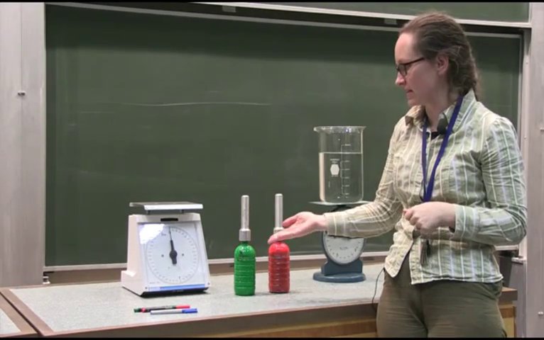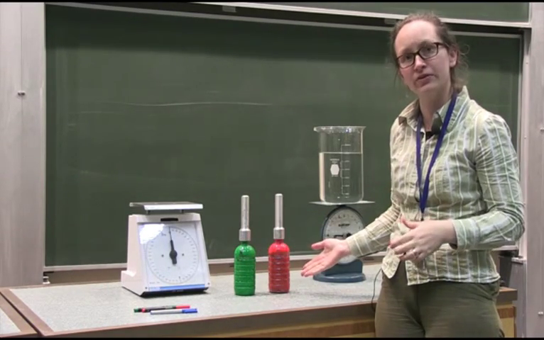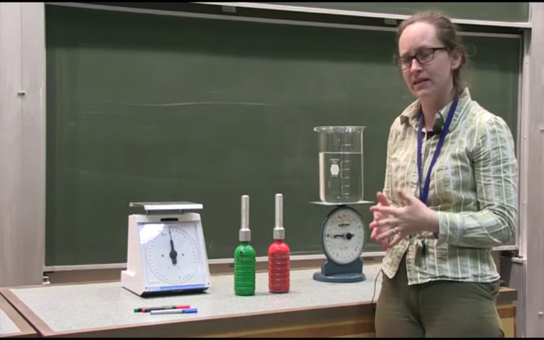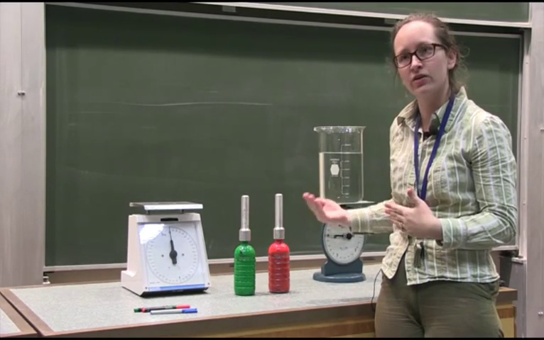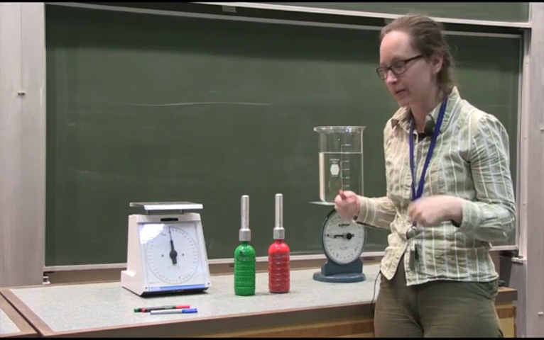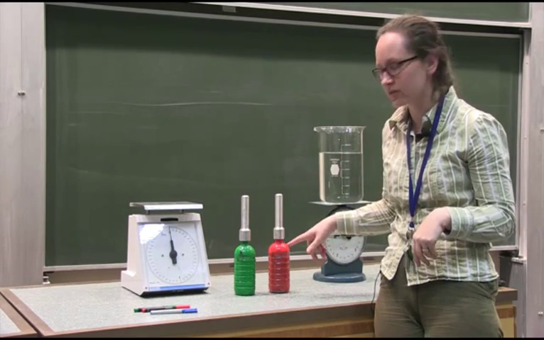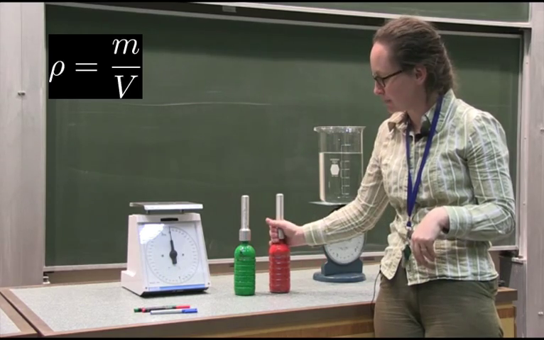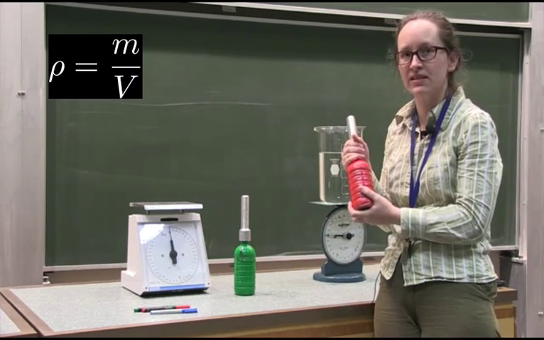Let's measure the density of the green bottle and the red bottle now. To measure the density, we need to work out the mass and also the volume of these two bottles. So using Archimedes' method, we can work out the volume of water displaced by the bottle when we submerge it.